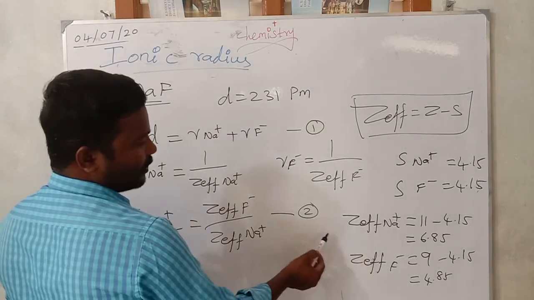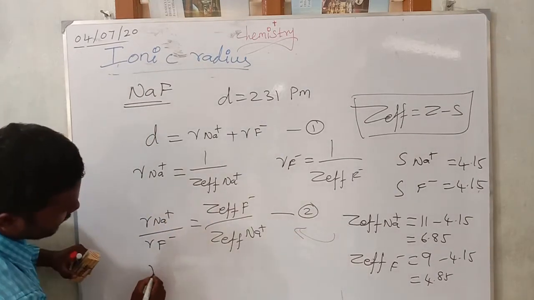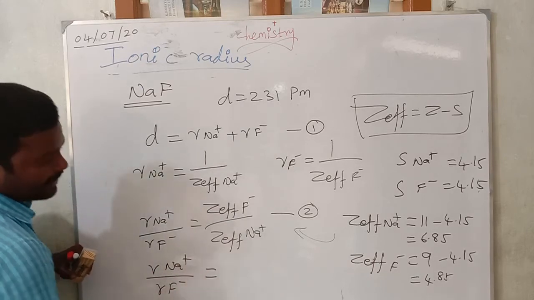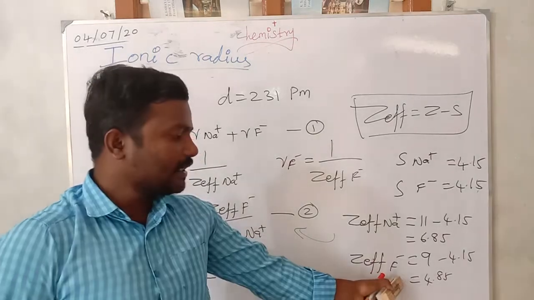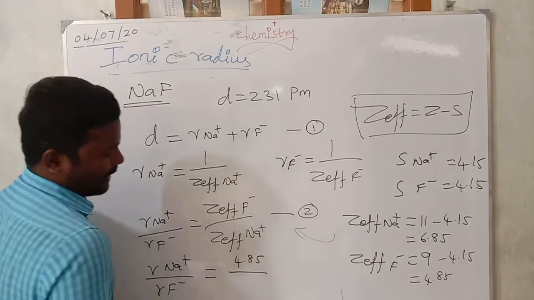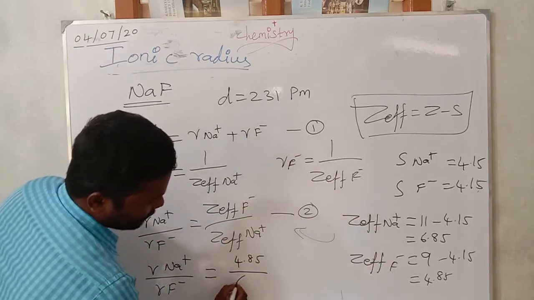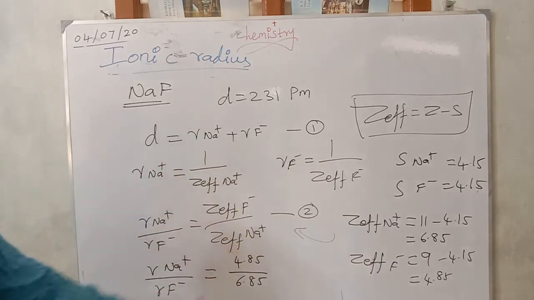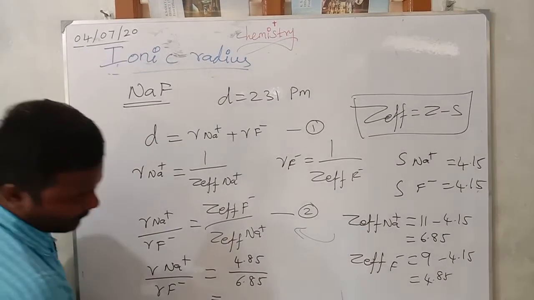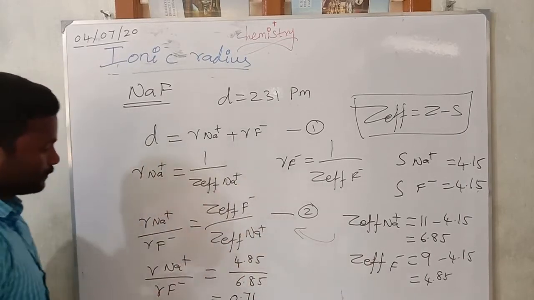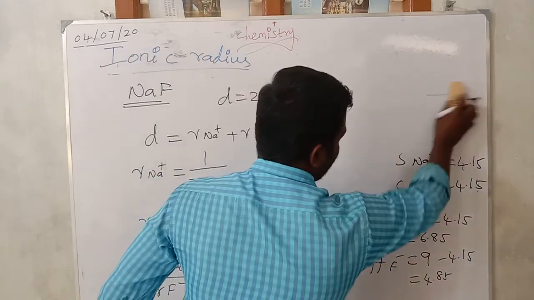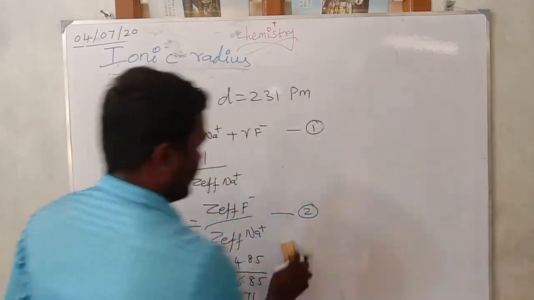Now you can apply these values in equation 2. So the radius of Na plus divided by the radius of F minus is equal to the effective nuclear charge of fluorine, 4.85, divided by the effective nuclear charge of sodium, 6.85. What's the division value? If you divide at home, it will come to 0.71.